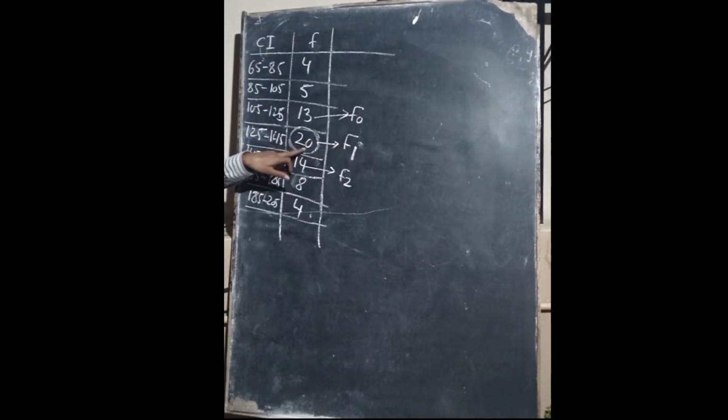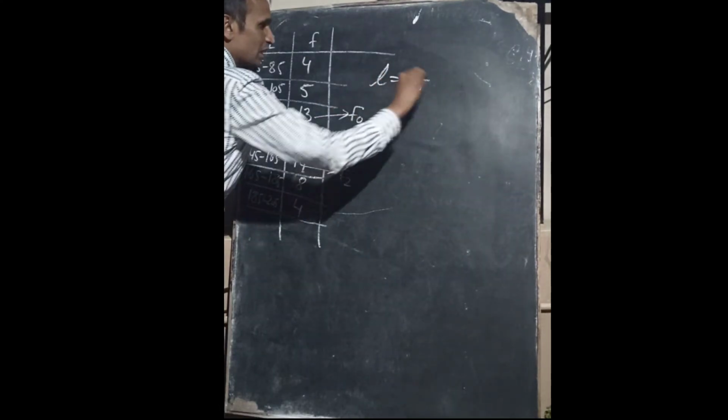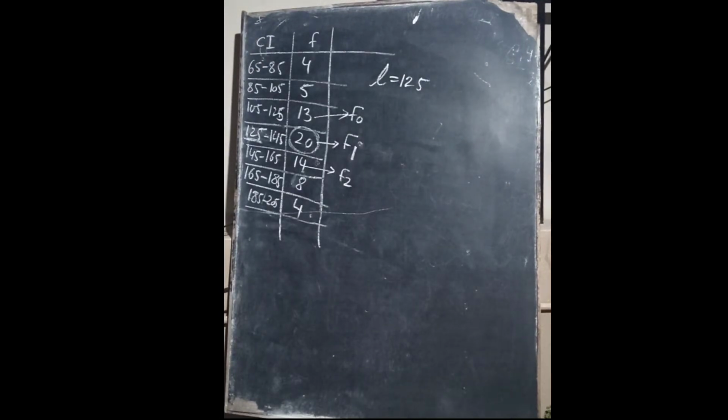That is F1. Just above that is F0, and below the modal class is F2. Now coming to the modal class, this is the lower limit. What is the lower limit? 125. 125 is the lower limit.